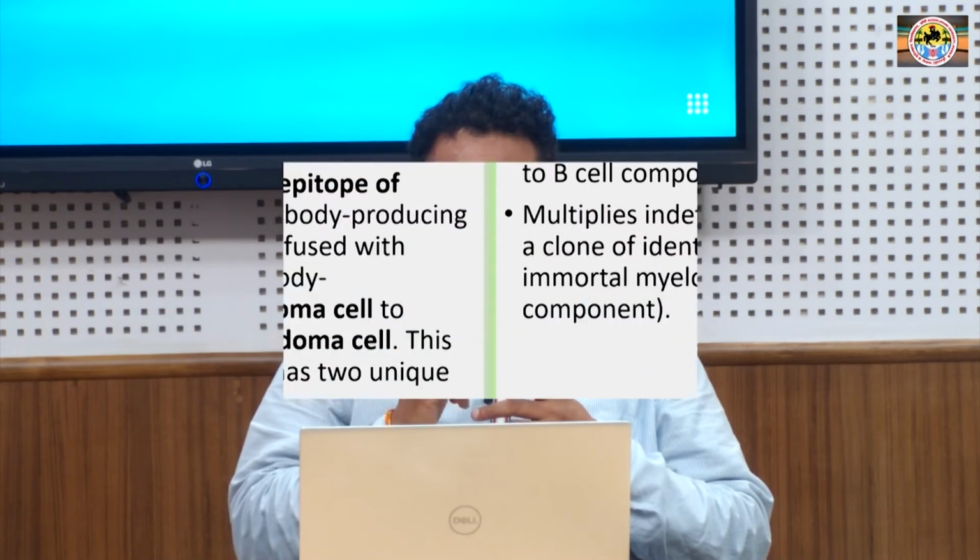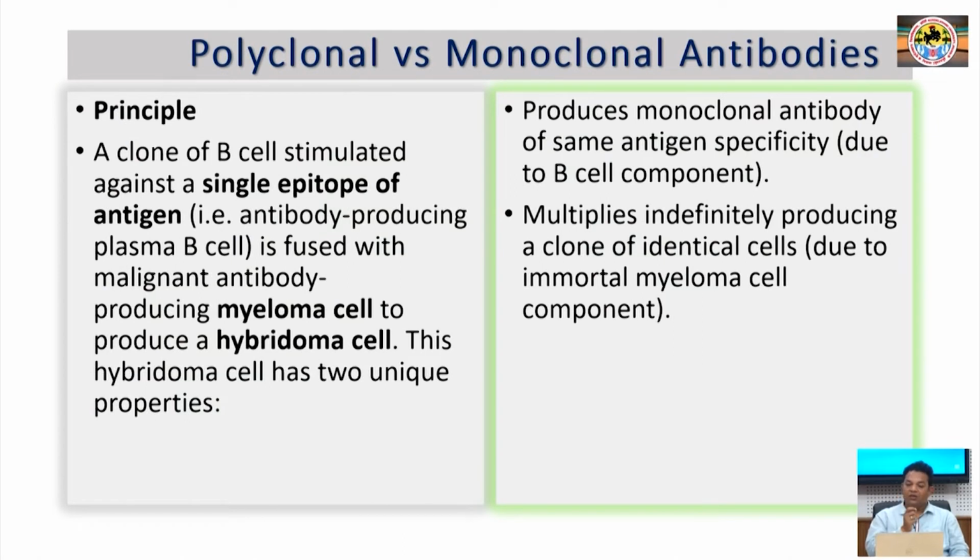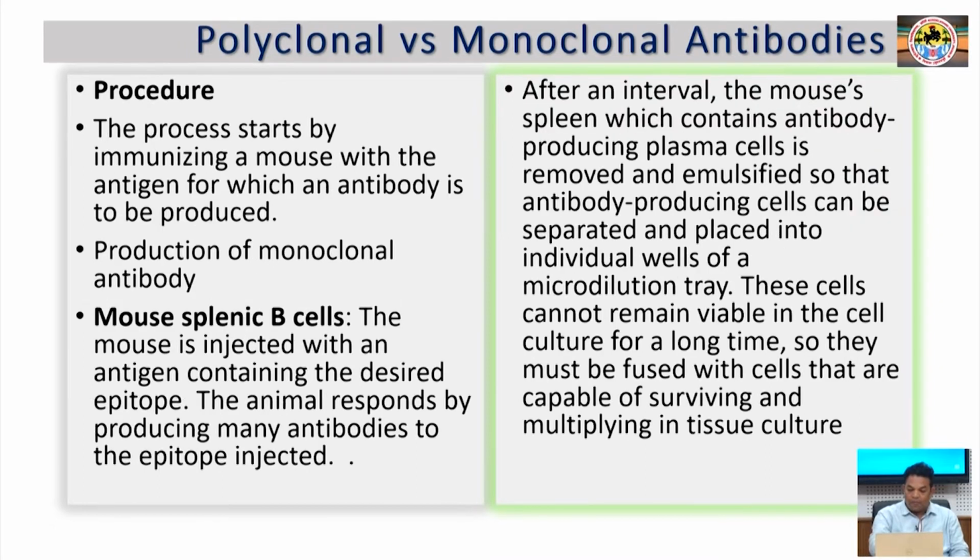So, myeloma cells, and another one is the B cells plus myeloma cell. These two properties are very important in this case. Now, after understanding the principle that one B cell and one myeloma cell are used to develop a hybridoma, after fusing, which type of property is it going to develop?